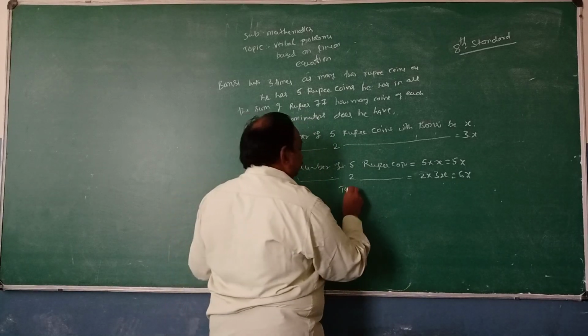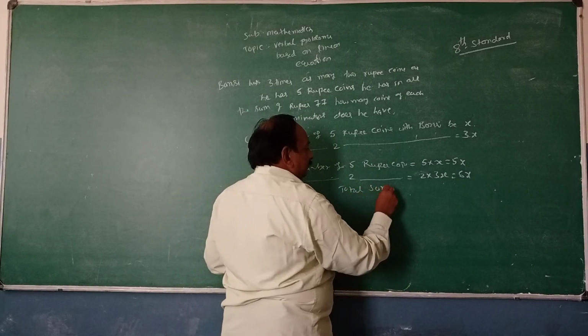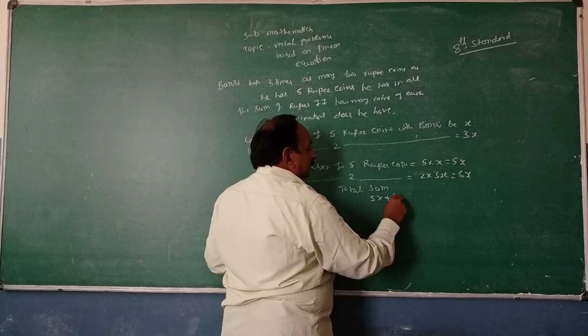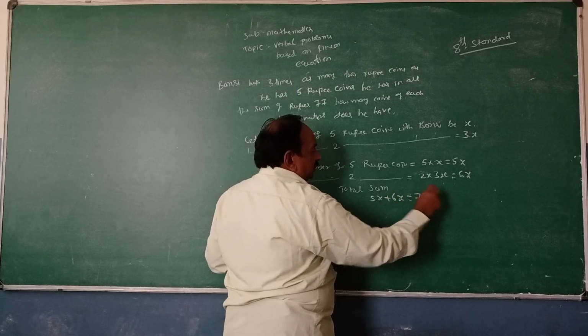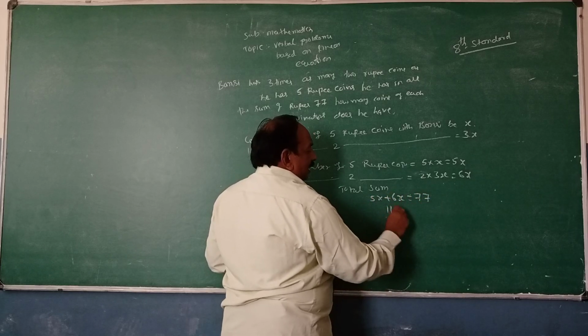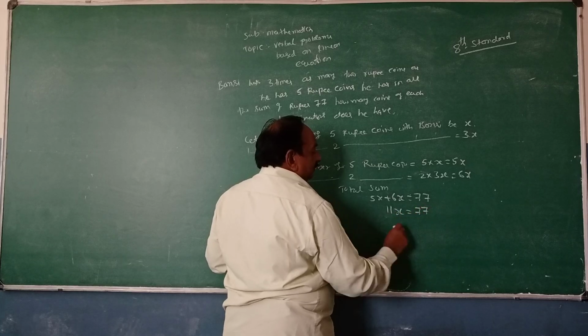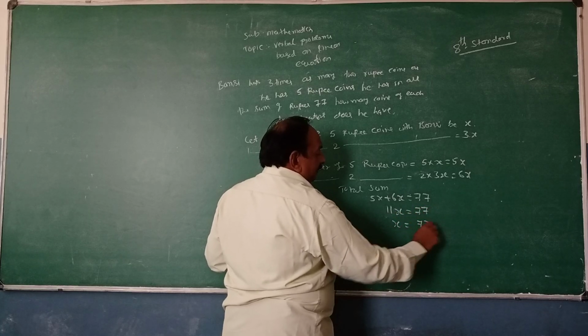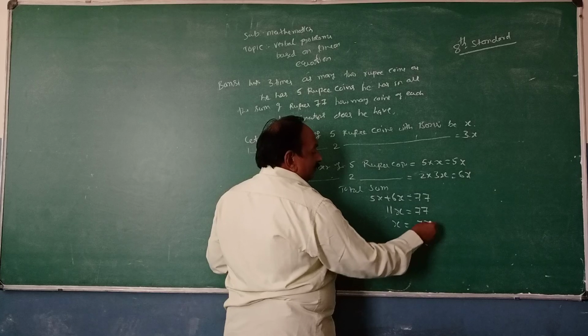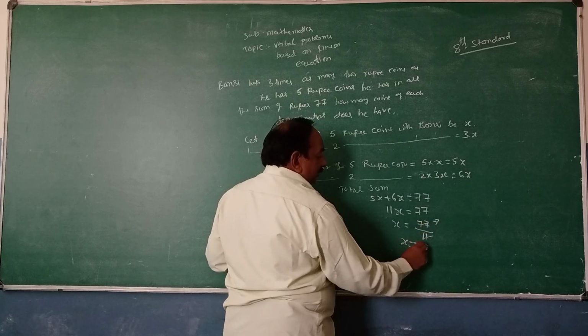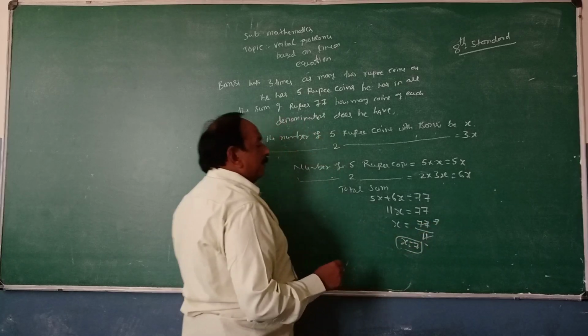Total sum: 5x plus 6x is equal to 77. 5 plus 6, 11x is equal to 77. x is equal to 77 by 11. 11 7s are 77, so x is equal to 7.